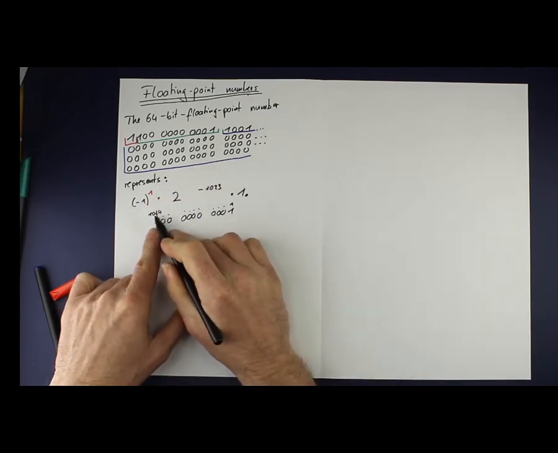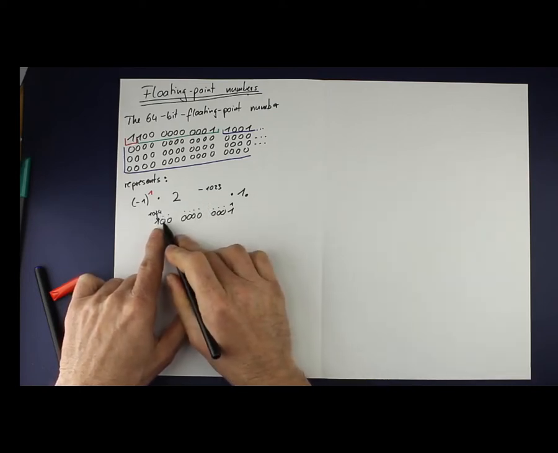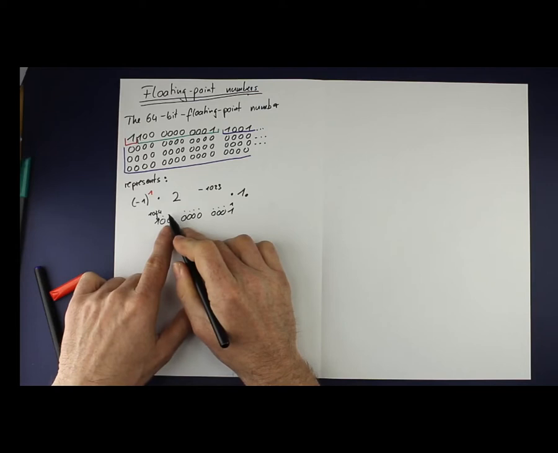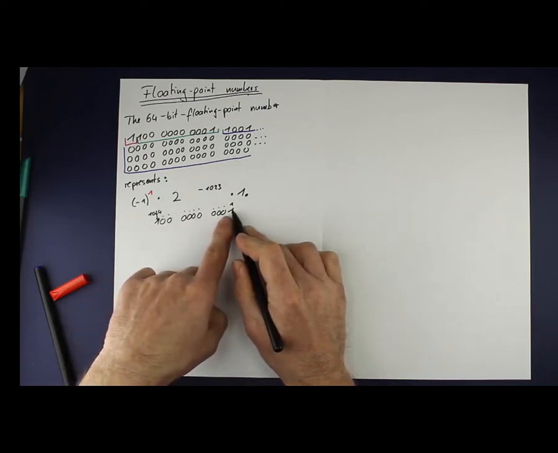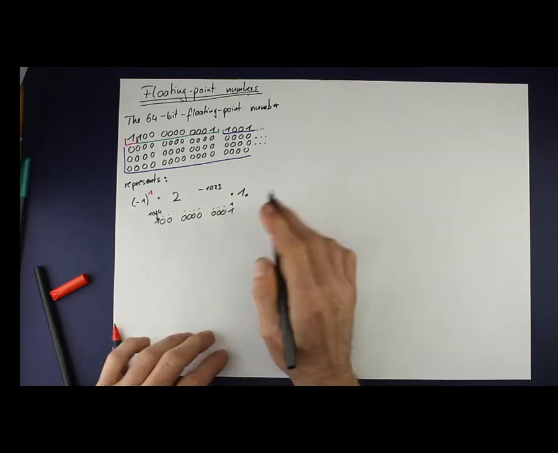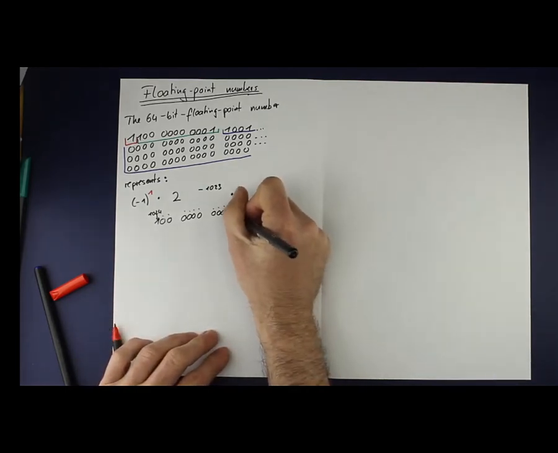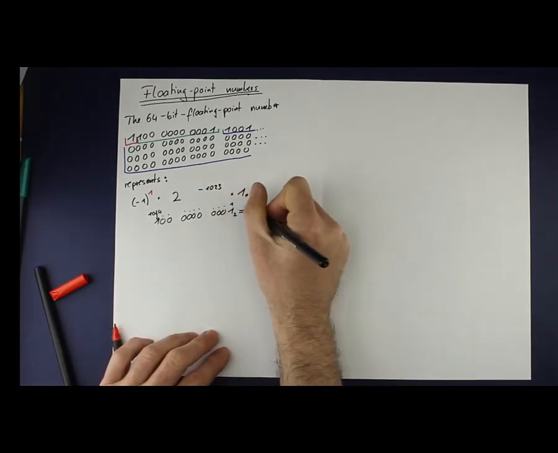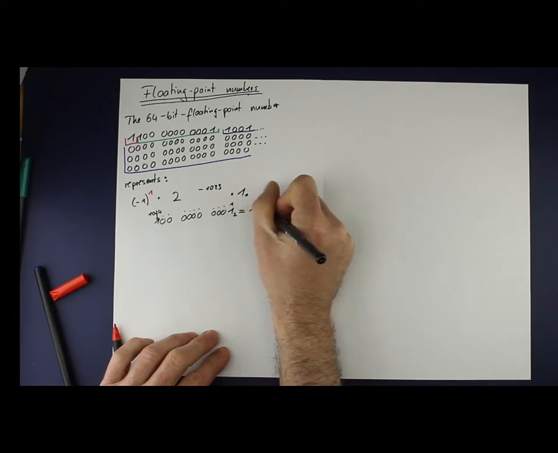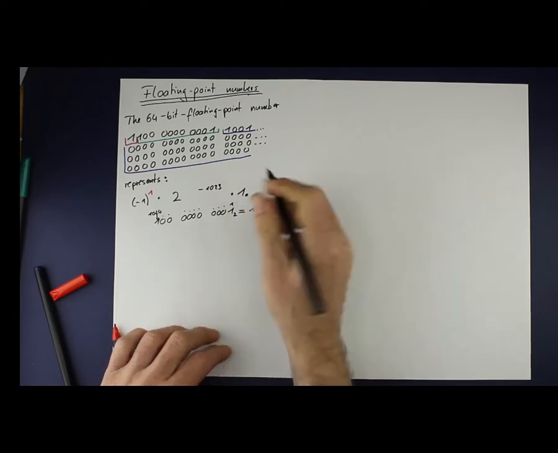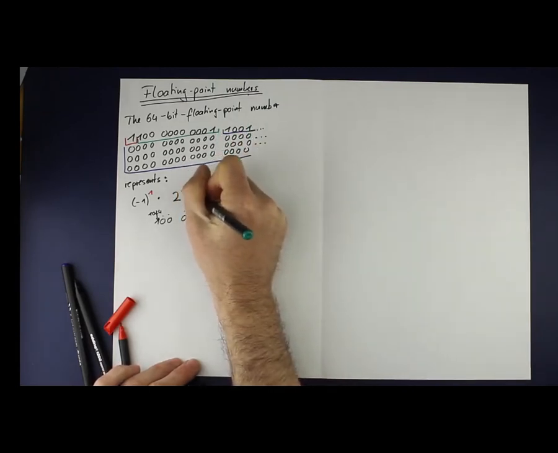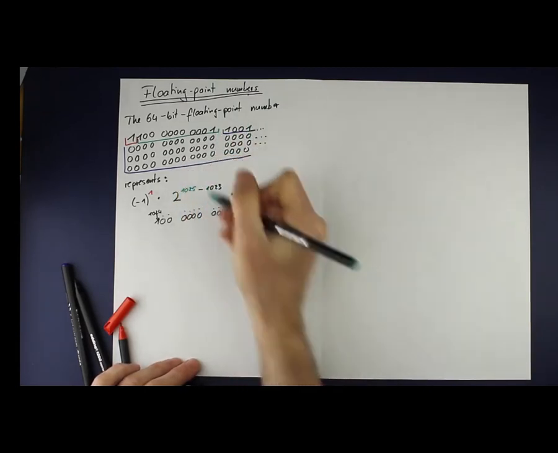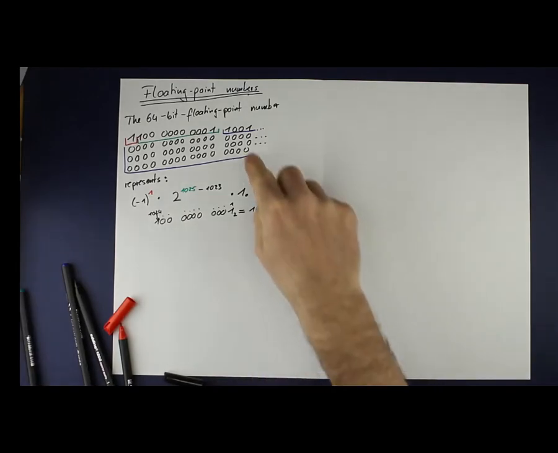So it's 1 times 1024 plus 0 times 512 plus 0 times 256 and so on, plus 1 times 1. So this number, being a dual number, represents the number 1025. So these green bits, these are 1025.